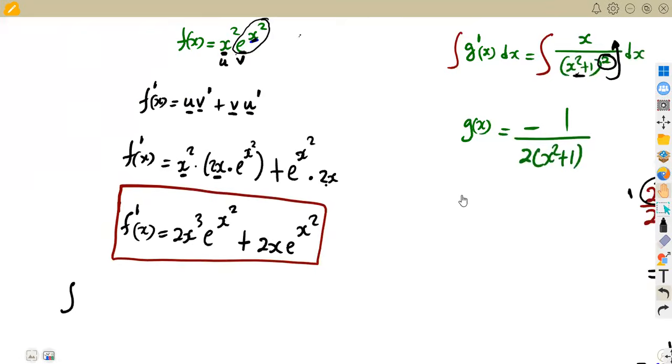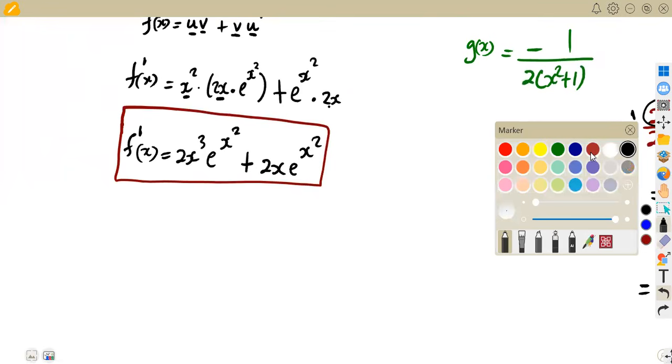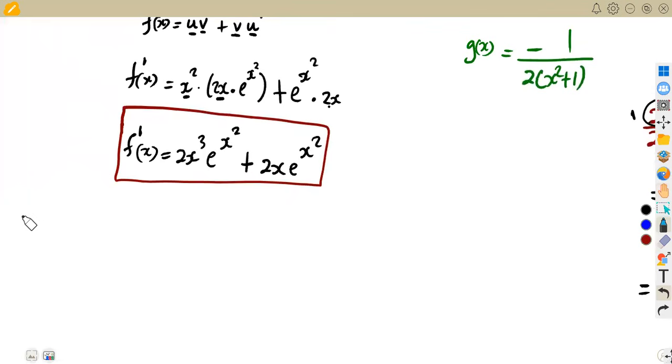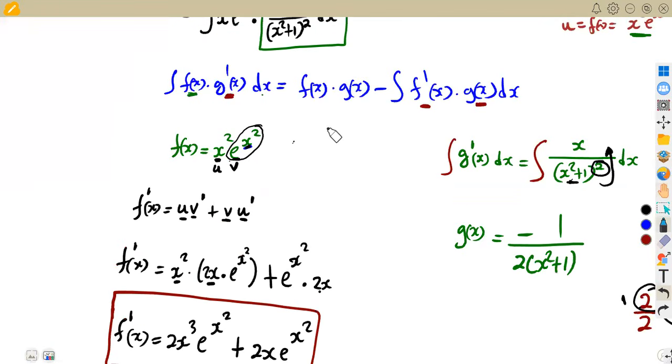Now we want to write the answer here. Let me just use another one so that it can be clear here. Let me choose this. So it was the integral of x cubed e to the exponent of x squared over x squared plus 1 to the exponent of 2 dx. So this is going to give us from our by parts method f of x by g of x.